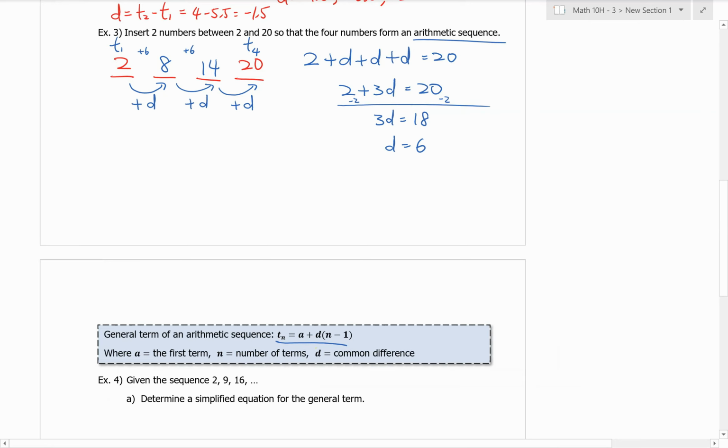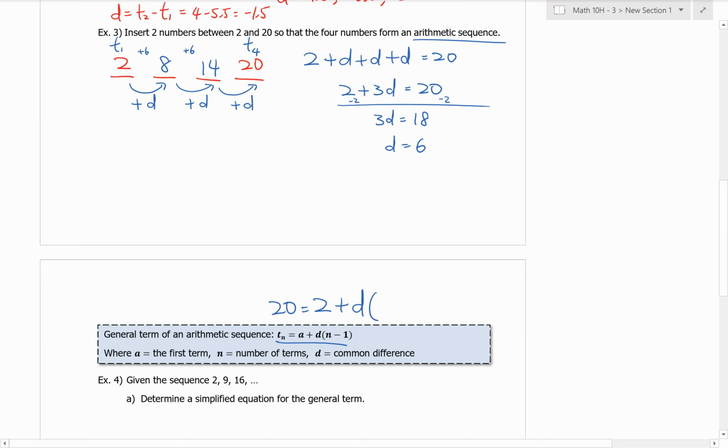You can see Tn in our example 3 here, we can think of that as our T4, so that's our fourth term. So T4, I'm going to write it here. T4 is equal to a, recall is our first term, so that's 2, plus the common difference, which we don't know. You know what, we do know T4, so we can rewrite T4 as 20.